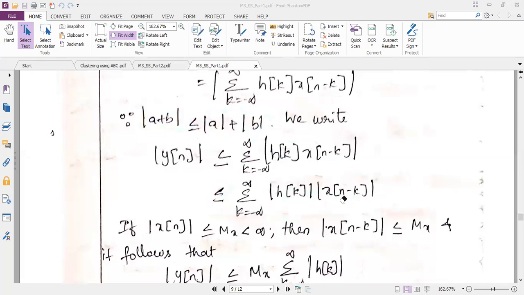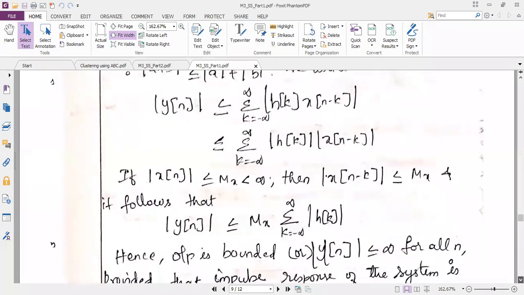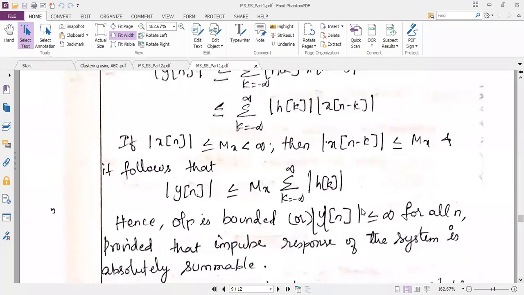Now in this, I am going to apply the condition of stability. The condition of stability is: if x of n is less than or equal to mx, less than infinity, then x of n minus k, because in this formula the input is not in original form but in shifted form, the shifted version of the input signal should also be less than or equal to mx.